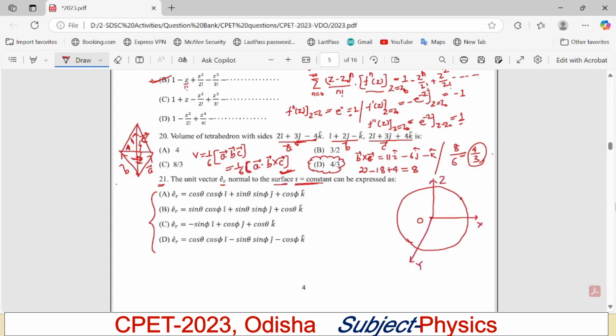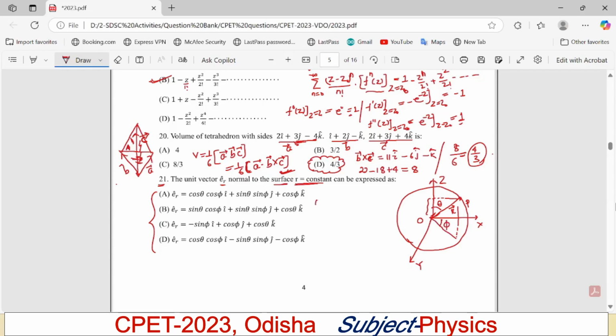Any arbitrary point P on the surface of this sphere, and this is your position vector r, the position vector from origin, and this is the z component. This is the angle theta with the z axis. Considering the projection on xy plane, this is the phi azimuthal angle, and this is the spherical angle theta.